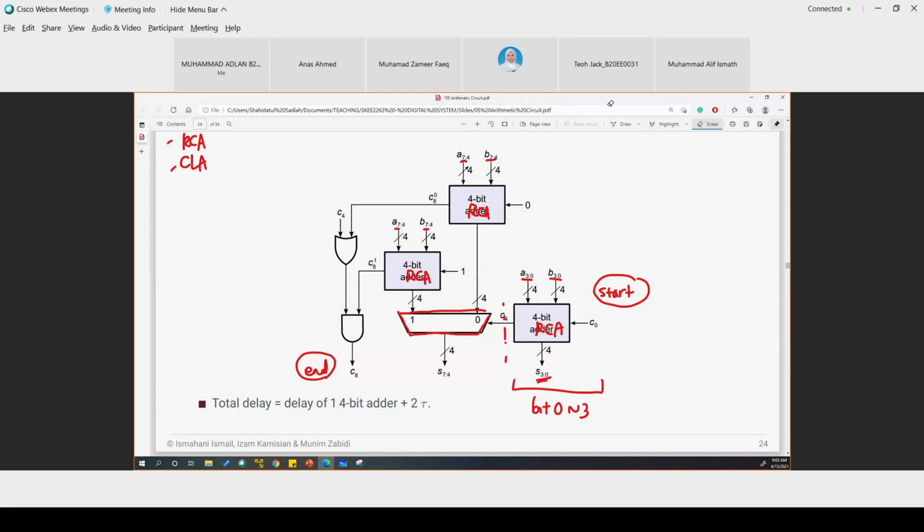It will choose which block of adder to use for the higher bits. And the C8 is related to this.